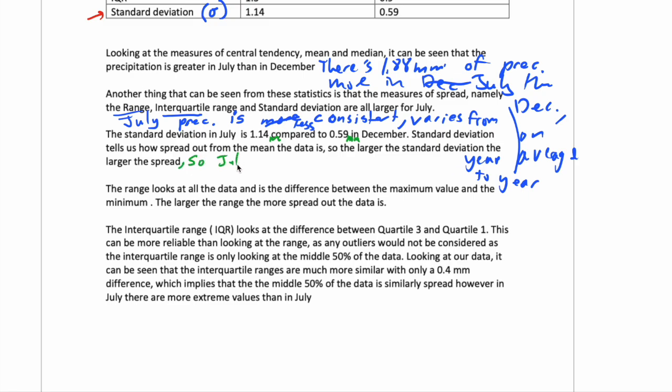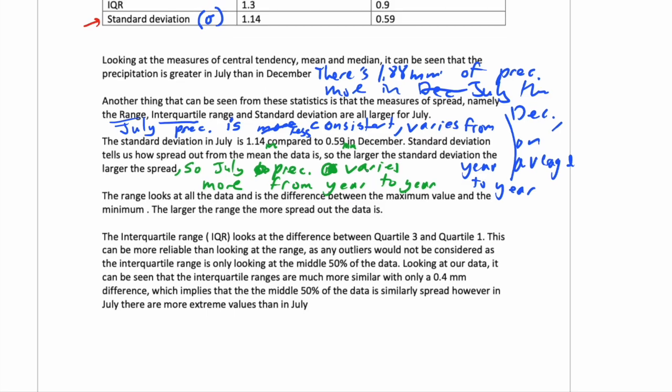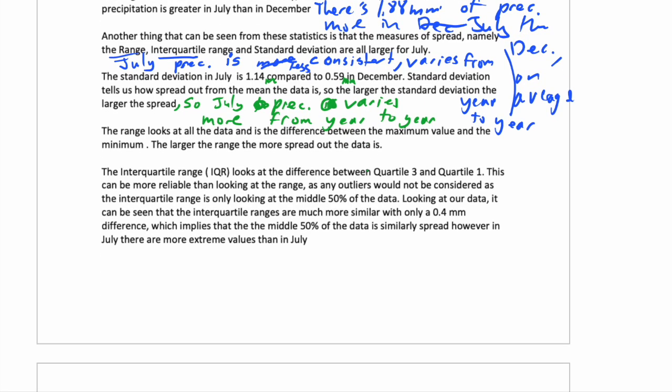So July precipitation maybe varies more from year to year. So it's a bit hard to predict, I guess you could say. Some years it might be less than in December.